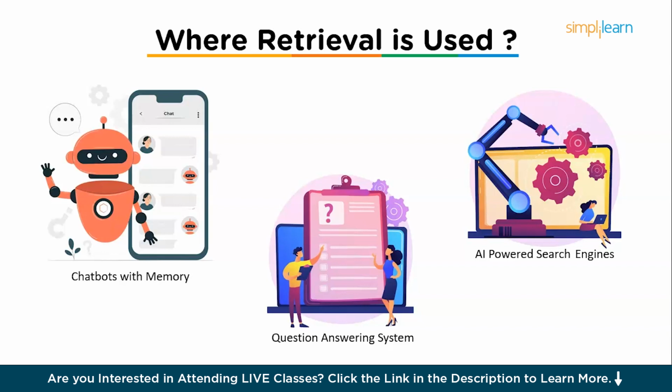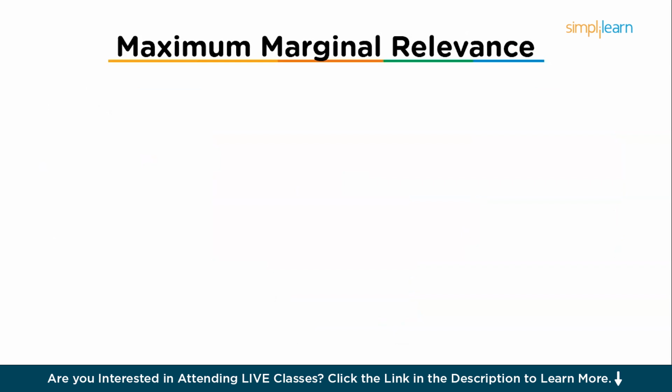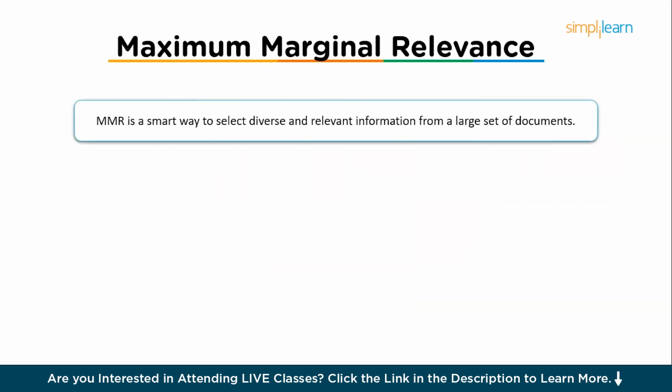The first one we will be talking about is maximum marginal relevance. MMR is a smart way to select diverse and relevant information from a large set of documents. Instead of just picking the most similar results, it balances relevance and diversity, ensuring that the retrieved results are not too repetitive.